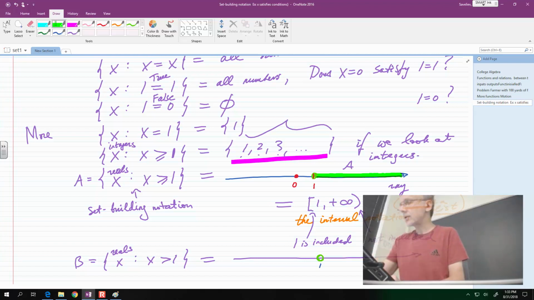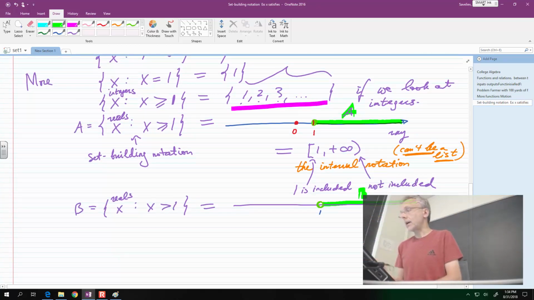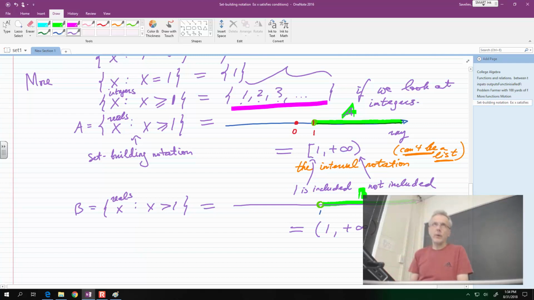But the rest is the same. Every other number that was in this set is still there. So if this was set A, now I'm looking at set B, and once again 1 is excluded, which means that the interval notation looks slightly different: 1 to plus infinity. I use round parentheses on both sides, and so 1 is excluded.